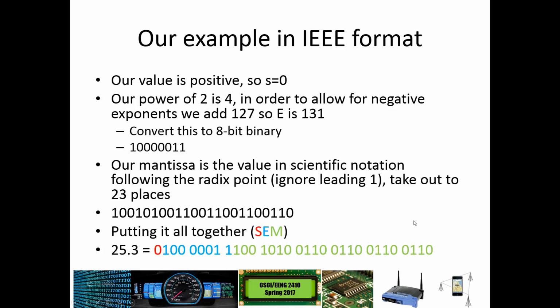And so in this case, this is a 32-bit floating point representation for the decimal number 25.3. So this is how your computer would represent 25.3. If you're trying to put a value into, say, Windows Calculator or into an Excel spreadsheet, this is how it would represent that value that has something after the decimal place.